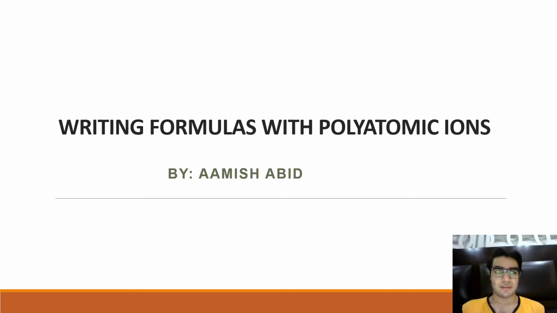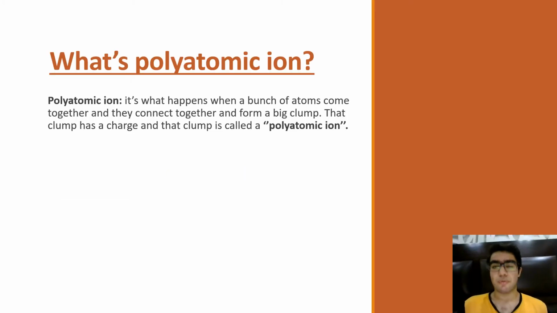So let's begin. First I'll tell you what a polyatomic ion is. A polyatomic ion is what happens when a bunch of atoms connect together to form a large clump. Poly means many and atomic means atoms, so polyatomic means many atoms connected together to form a large clump, and that clump is called a polyatomic ion.